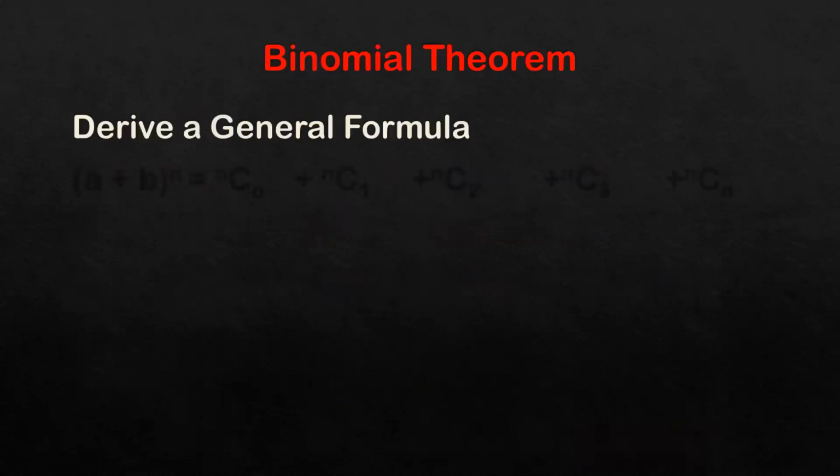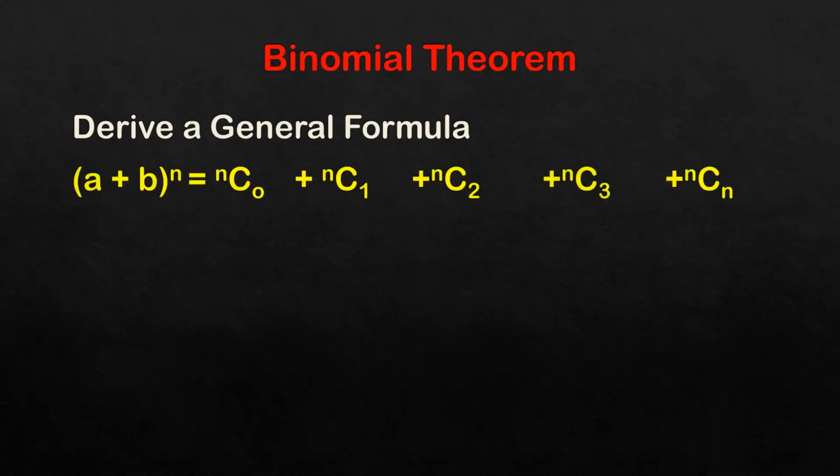So class, with this, we can move and derive a general formula for the binomial theorem. We can write (a plus b) the whole raised to n is equal to nC0, leave some space, plus nC1, leave some space, plus nC2, leave some space, till nCn.